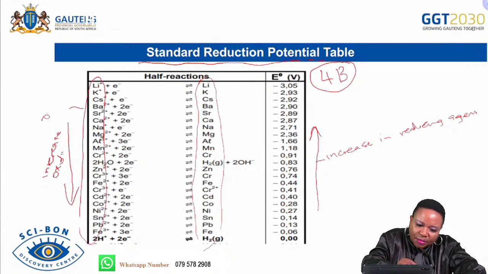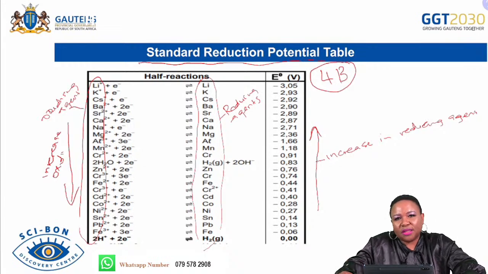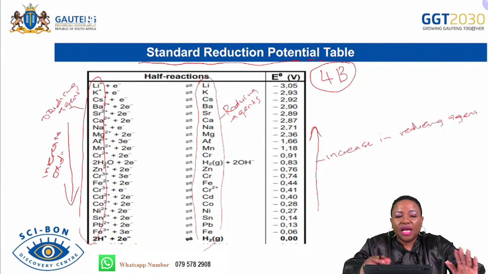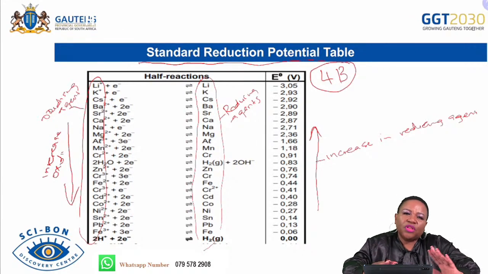So this side represents our oxidizing agents, whereas this side represents our reducing agents. How are these agents compared? It is very important to understand the strength of these agents, because the two arrows indicate how the strength of the oxidizing and the reducing changes.